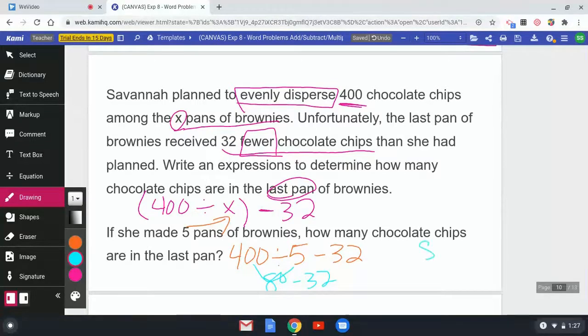And then I would have to do 80 minus 32. Regroup. 10 minus 2 is 8. 7 minus 3 is 4. So that last one only gets 48 chocolate chips. I'm being a mathematician here and abbreviating chocolate chips to CC.